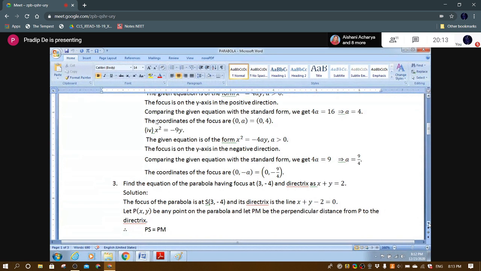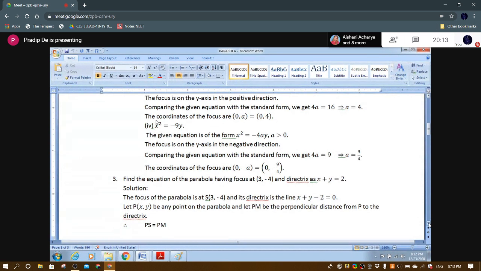In the chapter straight line, we learned that the perpendicular distance of the point x1 comma y1 from the straight line ax plus by plus c equal to 0 is ax1 plus by1 plus c divided by square root of a square plus b square, and the absolute value of this.